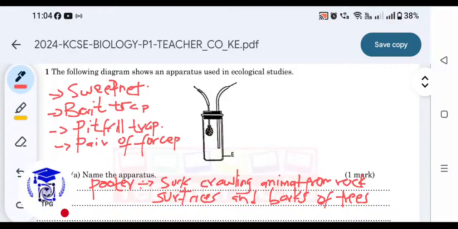These are also other apparatus that are used in ecological studies. So you can kindly list down their functions, and that will help you to navigate through your personal revision. Let us proceed to question number 2.